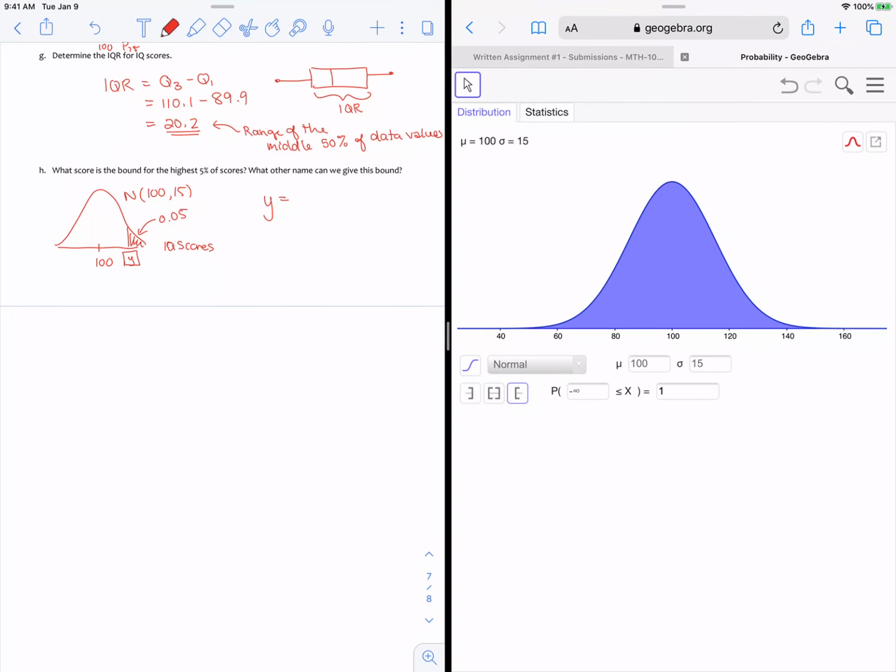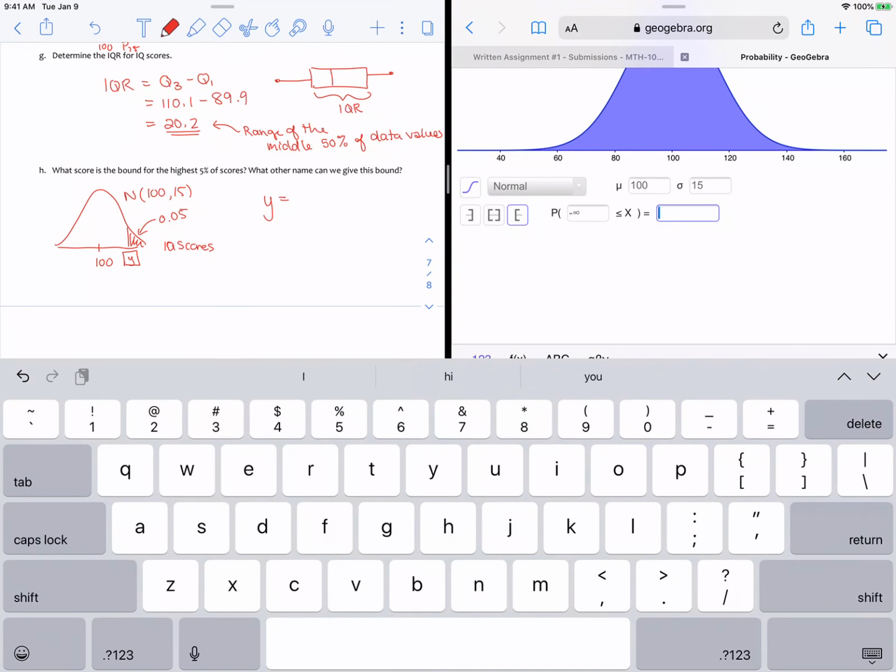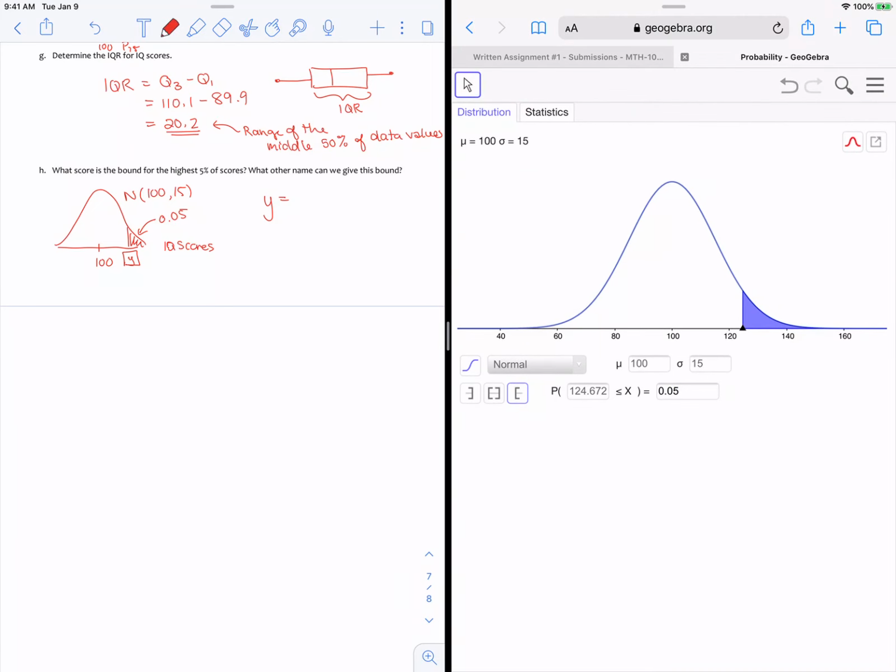So we'll do greater than, and the area that's greater than is 0.05. Okay, so now our pictures are matching up. Press enter, and that should give us a score of 124.67, so 124.7. All right, so that's our IQ score.